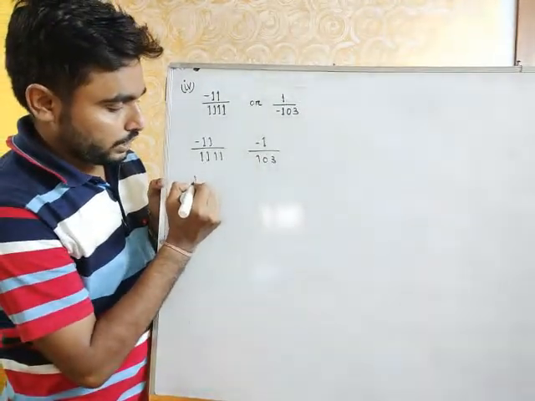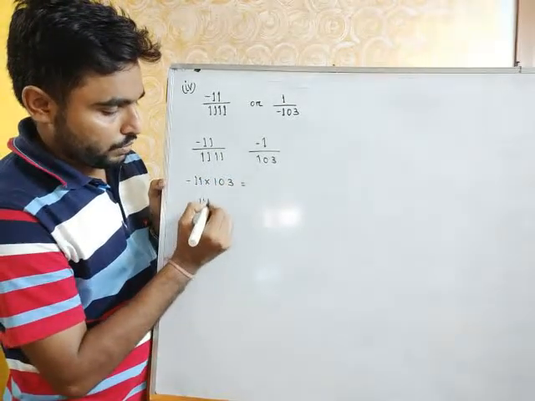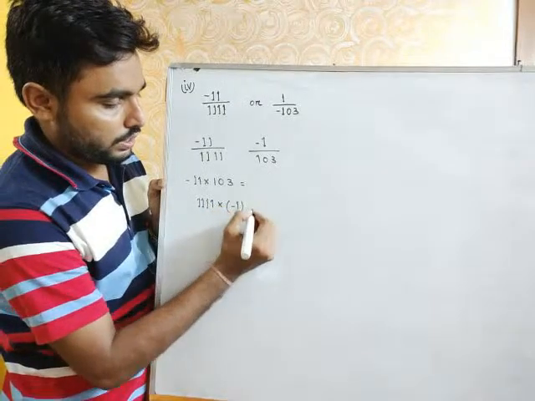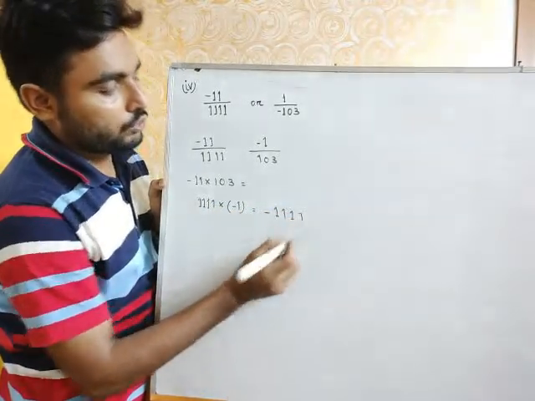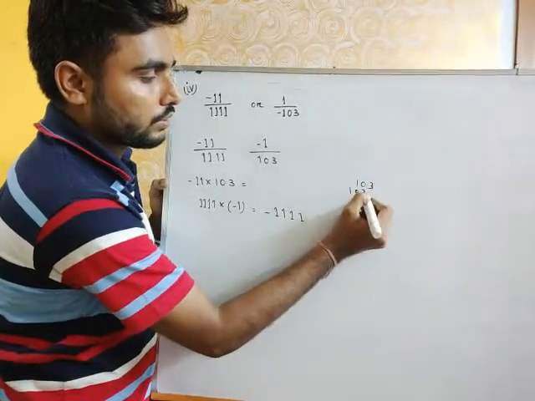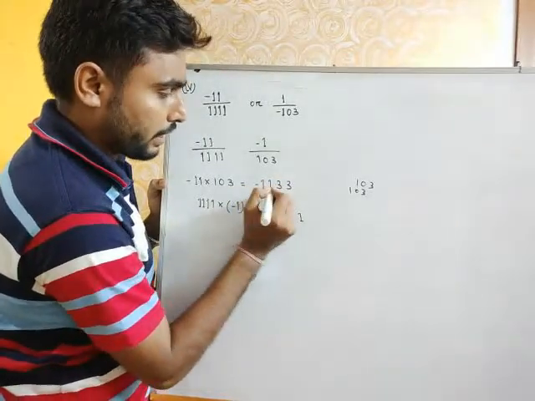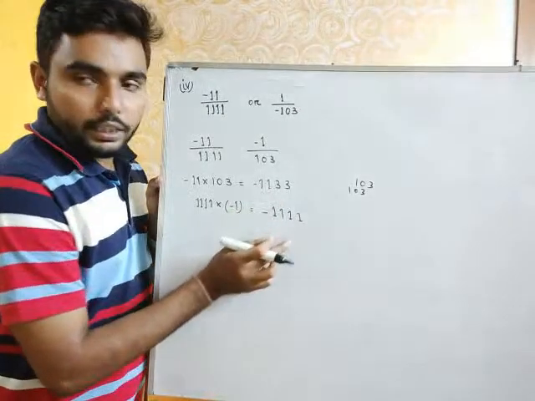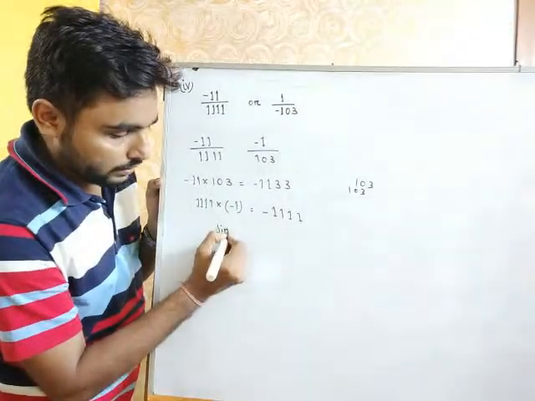So here, now cross multiply: minus 11 into 103, and 1111 into minus 1. It will give you minus 1133, and here it will give you minus 1111. Which is greater? Obviously this is smaller and this is greater.